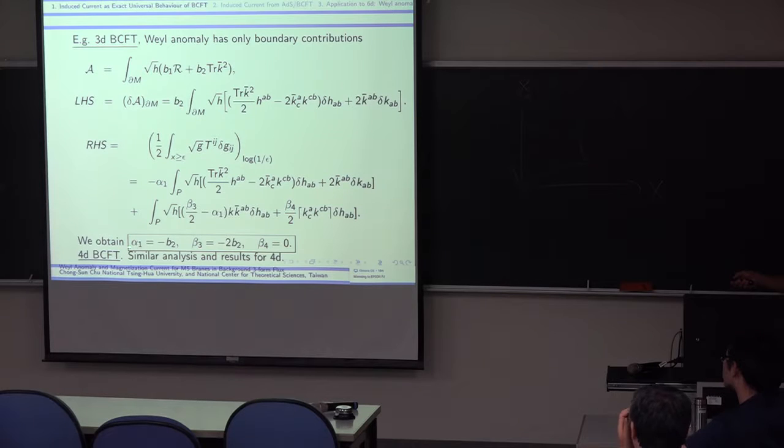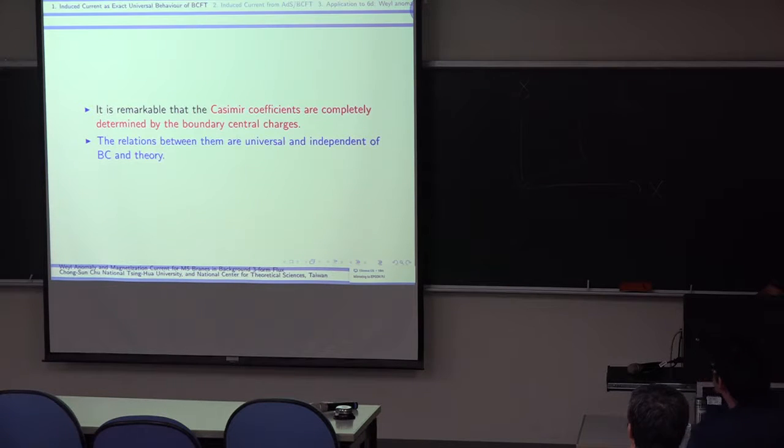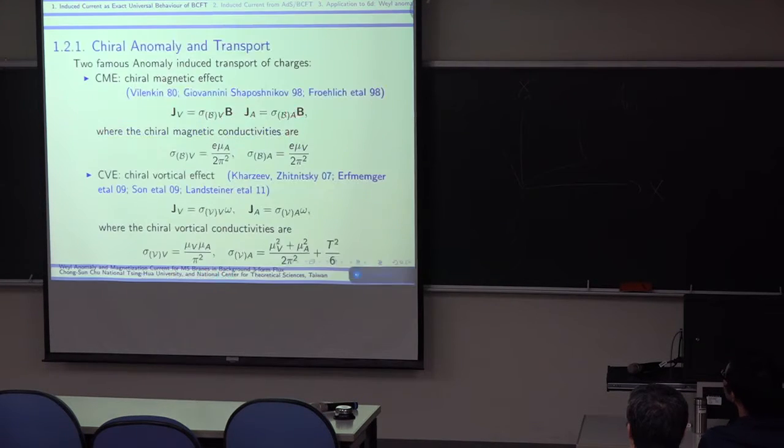We let the Casimir coefficient, the English small letter, be near the boundary central charge. So the statement is that the Casimir coefficients are not an independent set of parameters in the theory. They are completely determined in terms of the boundary central charge of the theory.